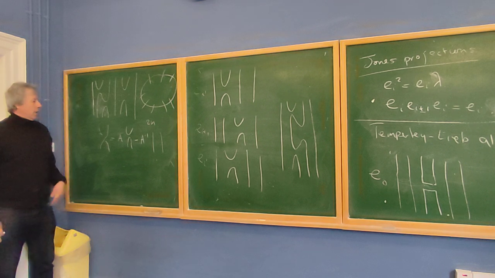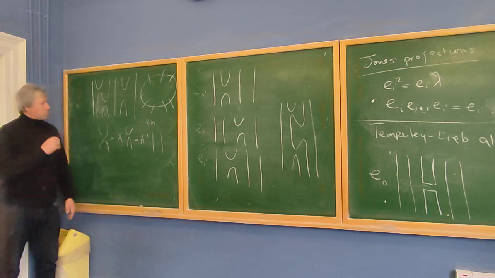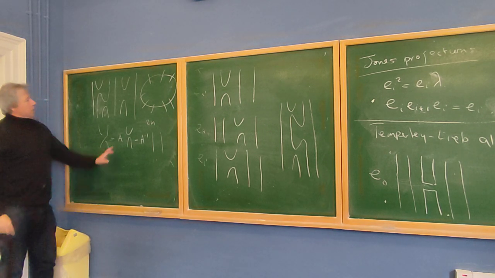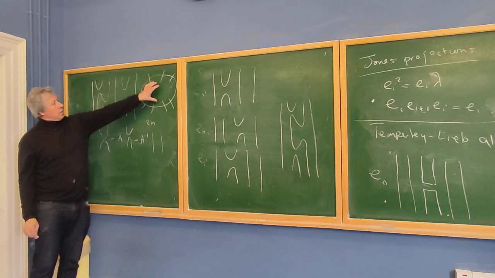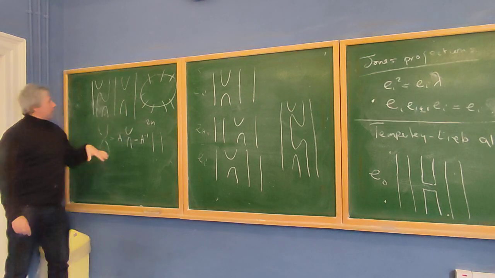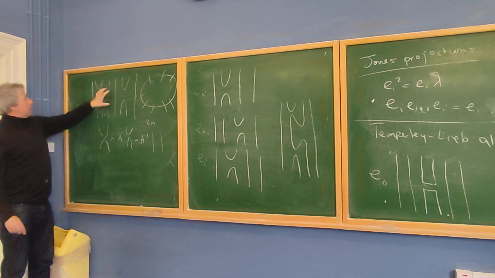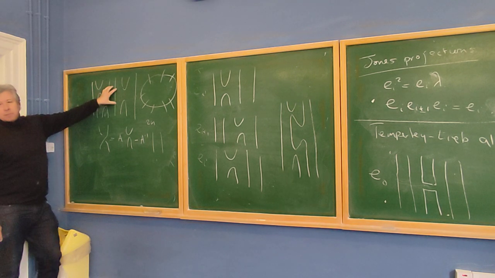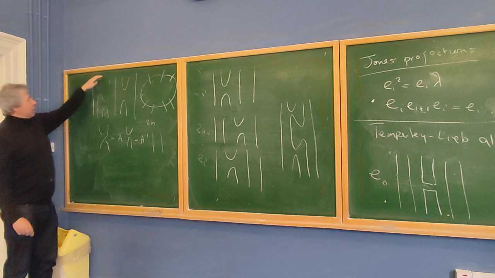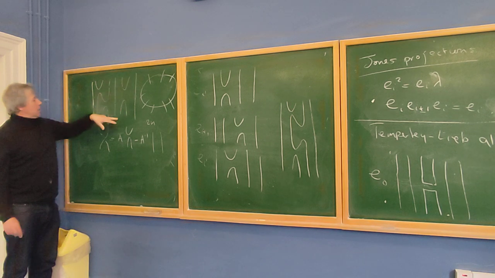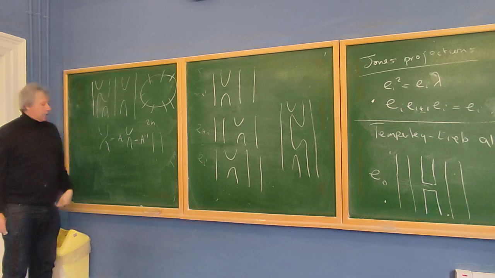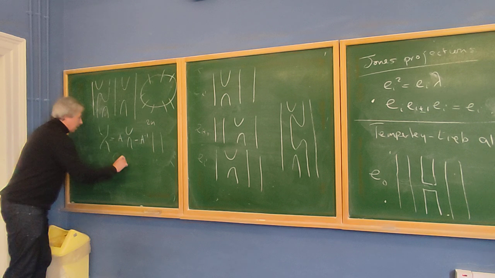And the reason why this is possible is that if I think about this, one thing that I can tell you is that if you ask how many possible diagrams I can draw that are connecting 2n lines like this without intersecting, it's given by what's called the Catalan number.